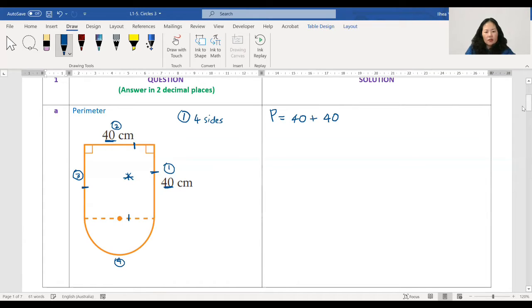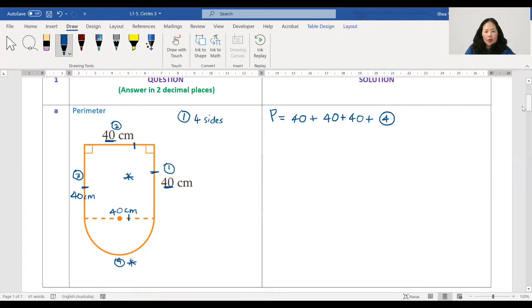So even this one is 40 centimeters, and also this is 40 centimeters. Okay, so I'm going to write number 3 as 40. Now, the fourth side we don't know. Okay, that one, because that's the curved one.